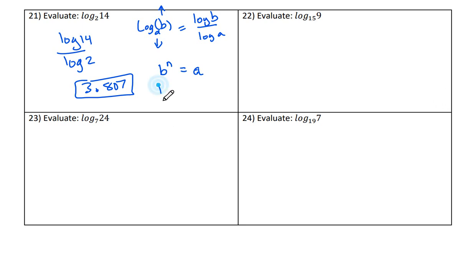In log form, that would be log base b of a gives me my exponent. So this is something that you definitely need to know. It's the basis of the entire chapter. And if log is not given, the base of the log not given is 10. And if it's ln, the base is e.